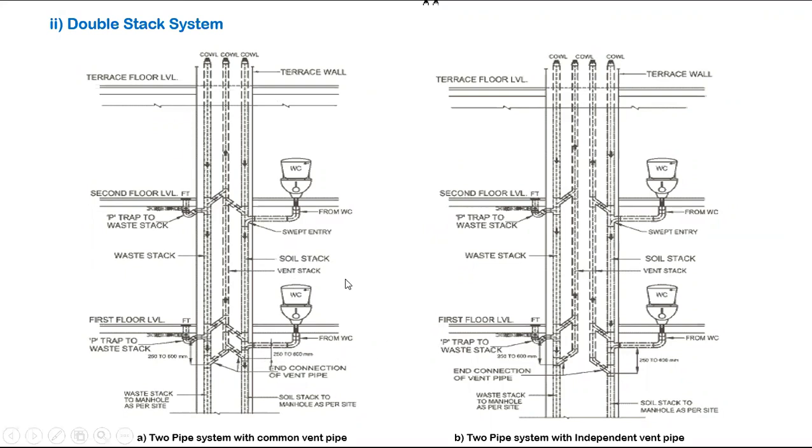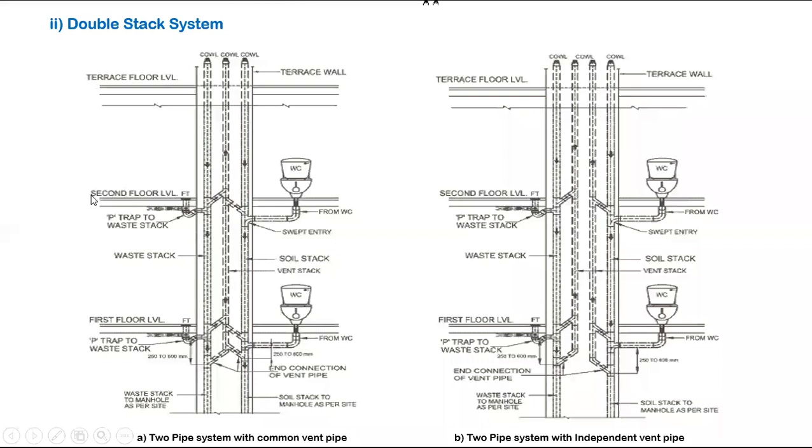If you have toilets or kitchens on both sides, we provide separate pipes for drainage on both sides, and one common single pipe for ventilation purpose.